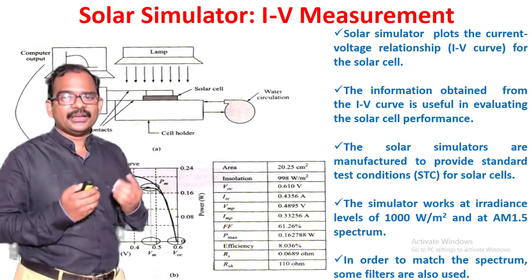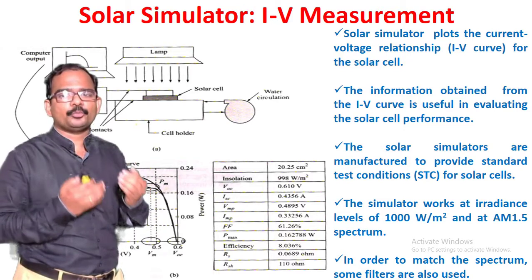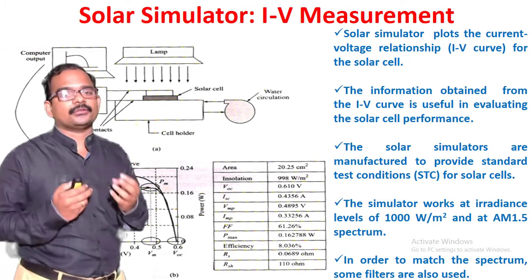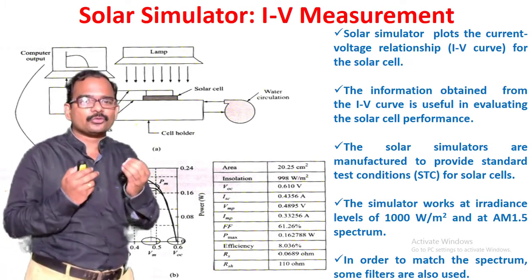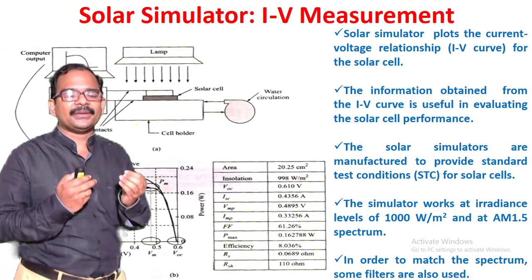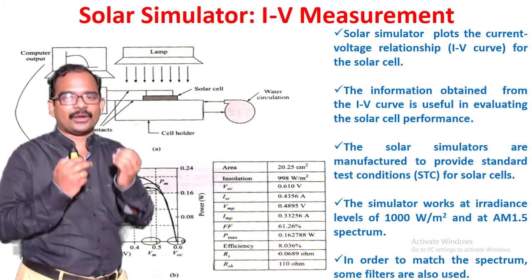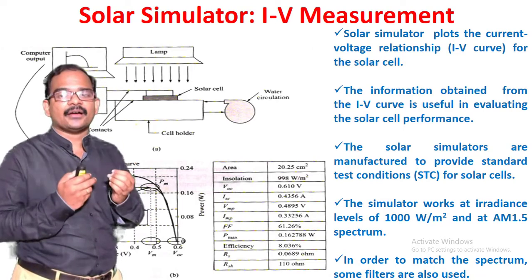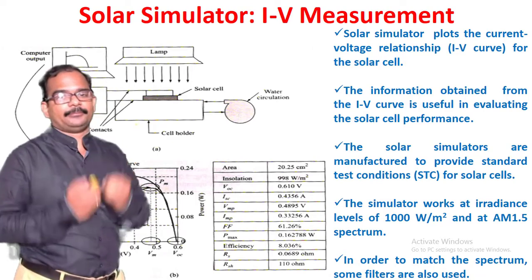The solar simulators are manufactured to provide standard test conditions for solar cell. What are the standard test conditions for solar cell? 1000 watt per meter square irradiance, that is 1 sun irradiance, 25 degrees centigrade and air mass 1.5.